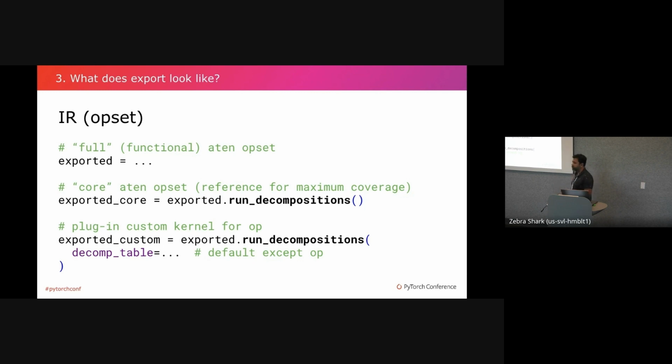It's called run decompositions. It runs a set of default decompositions that go from the full ATen opset to this core subset. You can also use this to plug in your own specialized operator implementations. So if you have special hardware to do convolutions, you can tell the API to avoid decomposing that particular operator, and then you can replace it with yours.